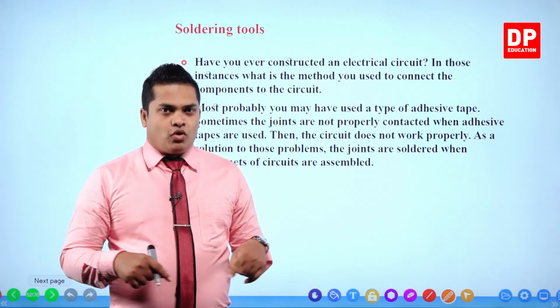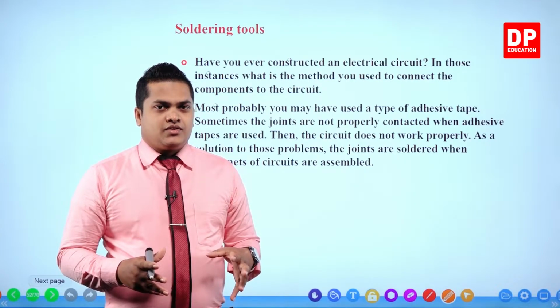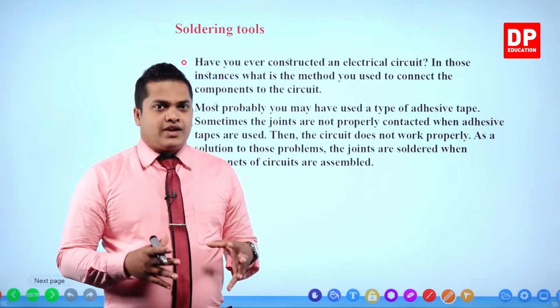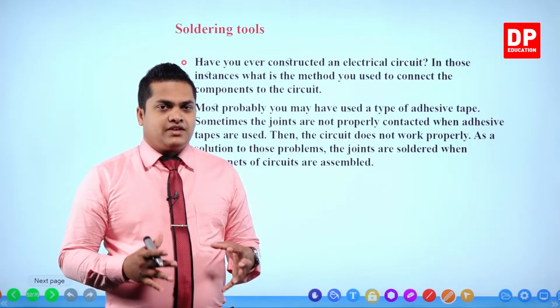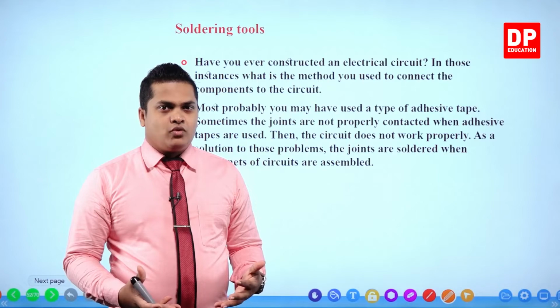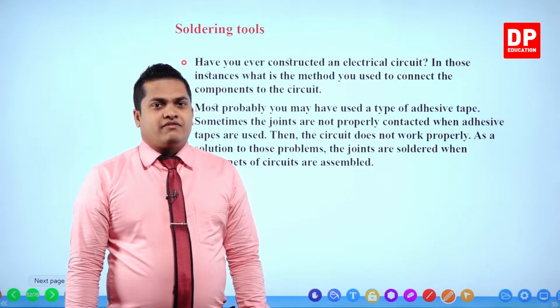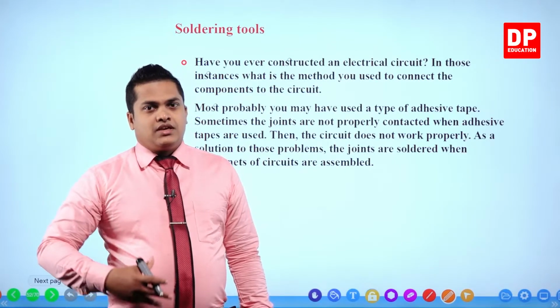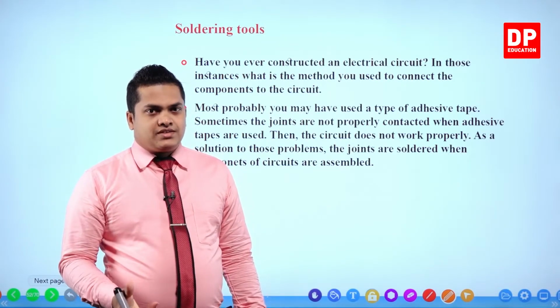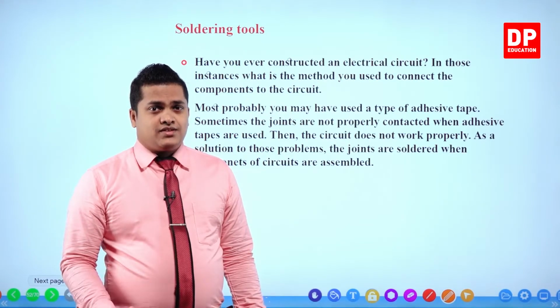There are circuit boards available in the commercial market. On that circuit board, you can solder different types of bulbs and other equipments like motors and speakers. And there are other equipments like capacitors, diodes, resistors, integrated circuits and transistors.